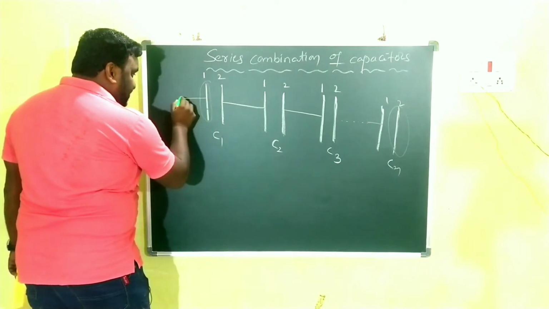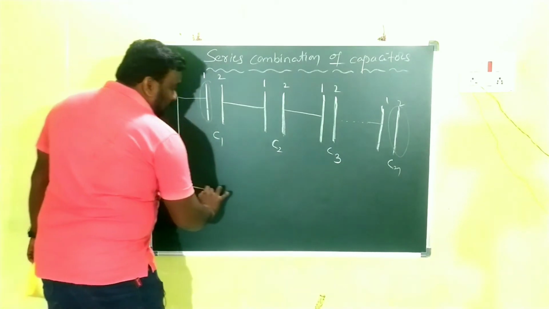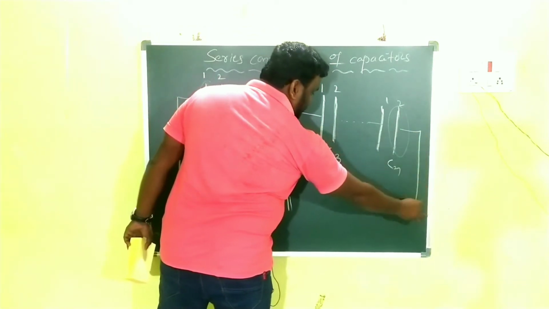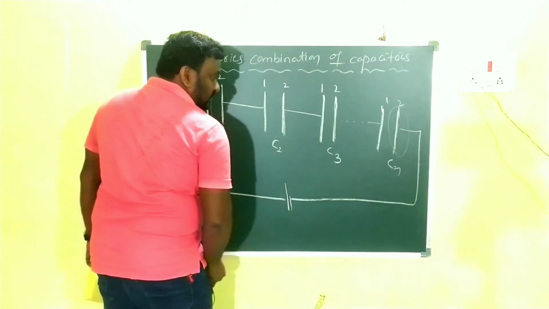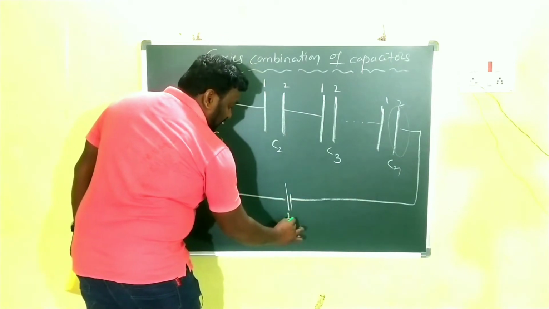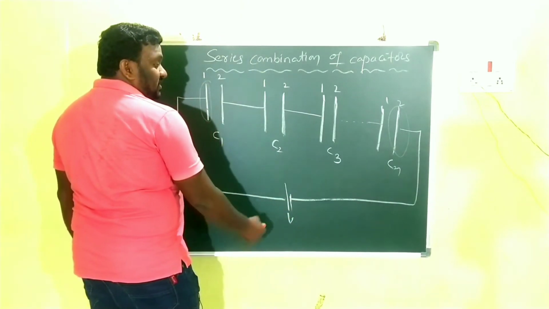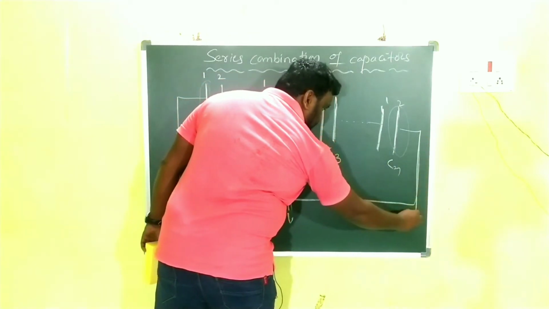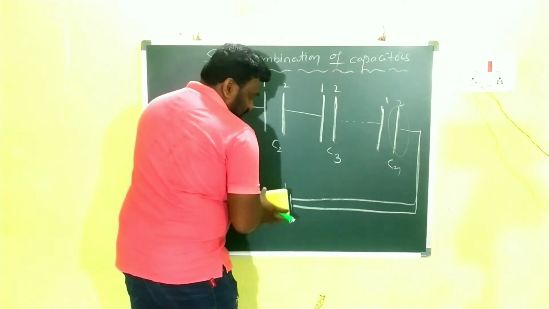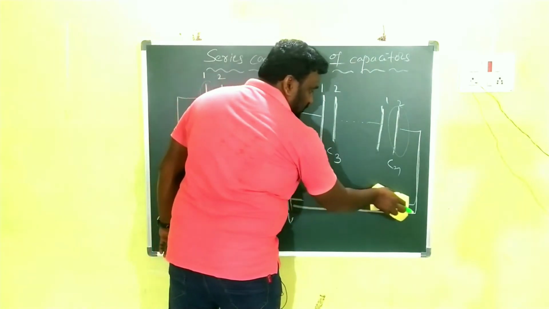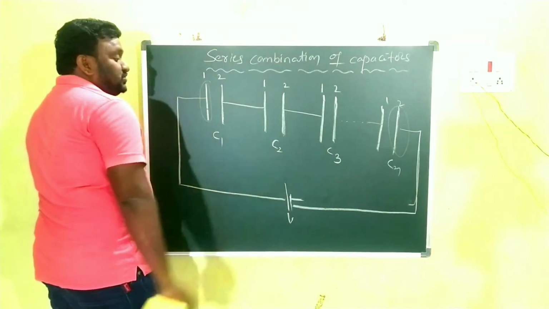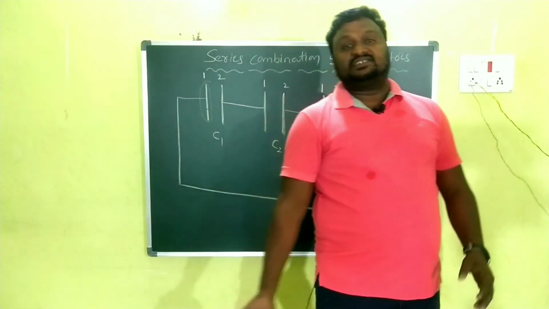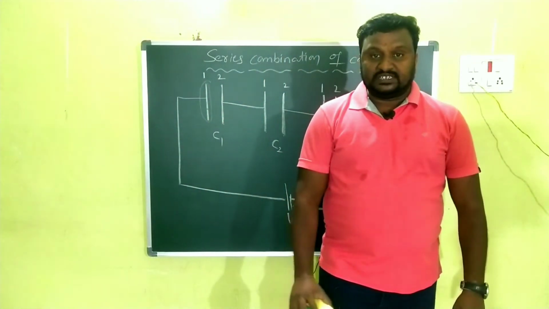Now across these two, a battery should be given. This is a battery of potential V. Now this is called a series combination of capacitors, which is the general definition for that.